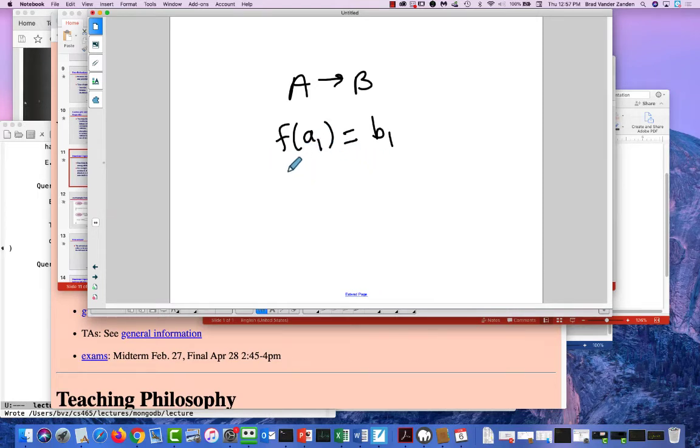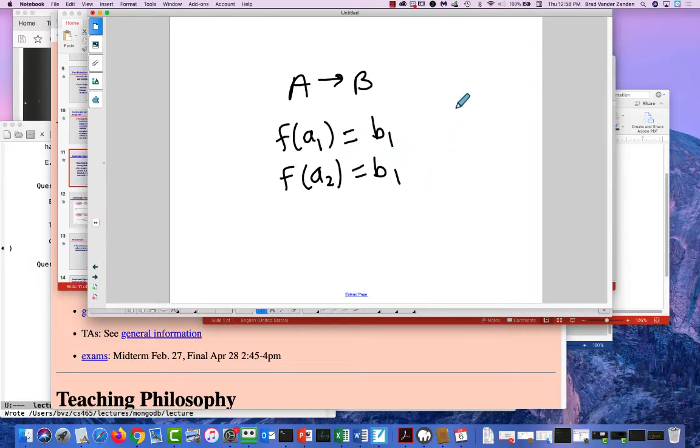Now you're allowed to have f of A2 also equals B1. Okay, but you can't ever have more than one value associated with each value of A.